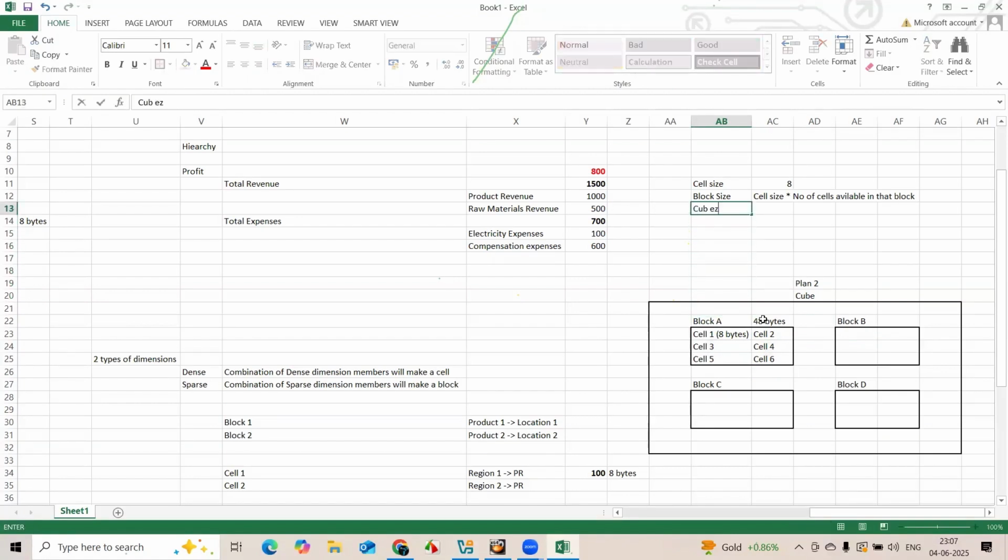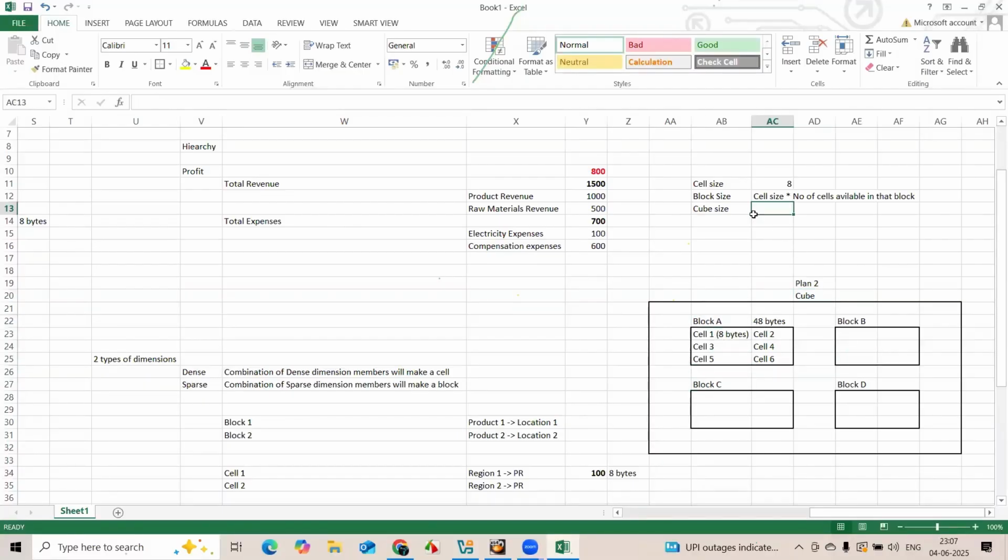So cube size, or the Essbase size. What did I say? A cube is made up of blocks. A block is made up of cells, right? So a cube has how many blocks? It has 4 blocks here.